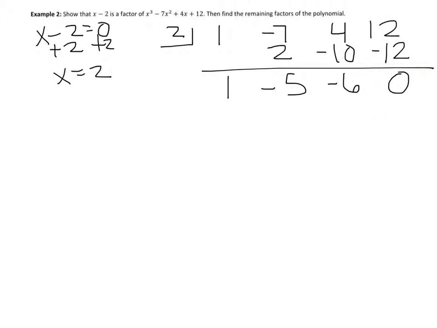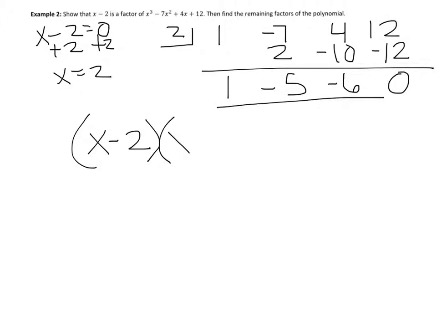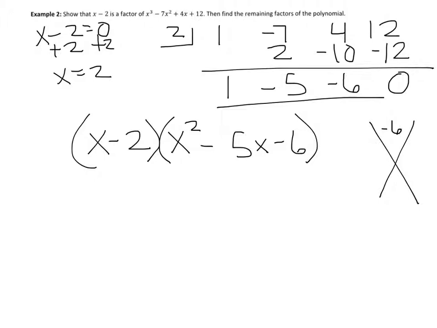And now we need to find all the other factors. So we know that one factor is x minus 2. We just showed that. And then we're going to rewrite this piece that we got: x squared minus 5x minus 6, that we need to break down. Our two numbers need to multiply to negative 6 and add to negative 5.